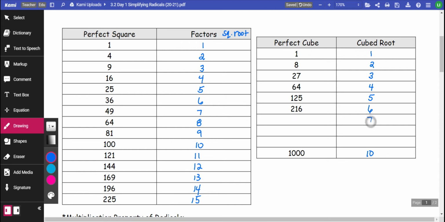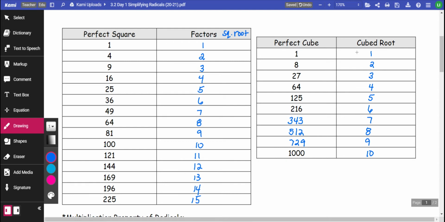So the next ones, 7, 8, and 9: 7 cubed is 343, 8 cubed is 512, and 9 cubed is 729. A little less popular, but something that you may see from time to time.